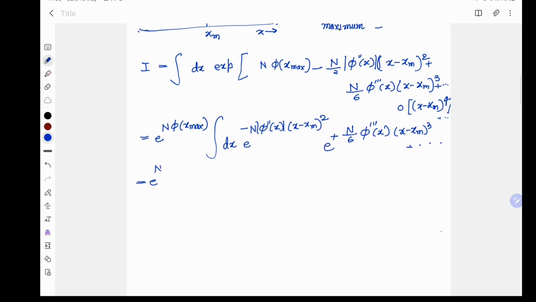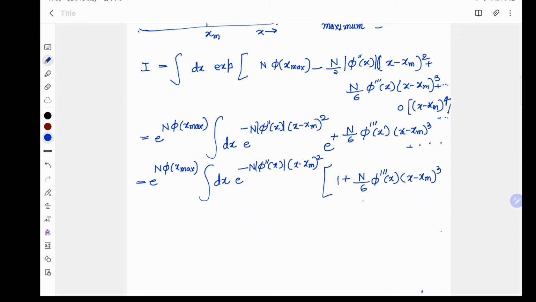So e to the power n phi x max integration dx e to the power minus n phi double prime x minus xm whole square times 1 plus n over 6 phi triple prime x minus xm cube, and there will be order x minus xm to the power 4 terms from the other exponential if you multiply them all, and so on.